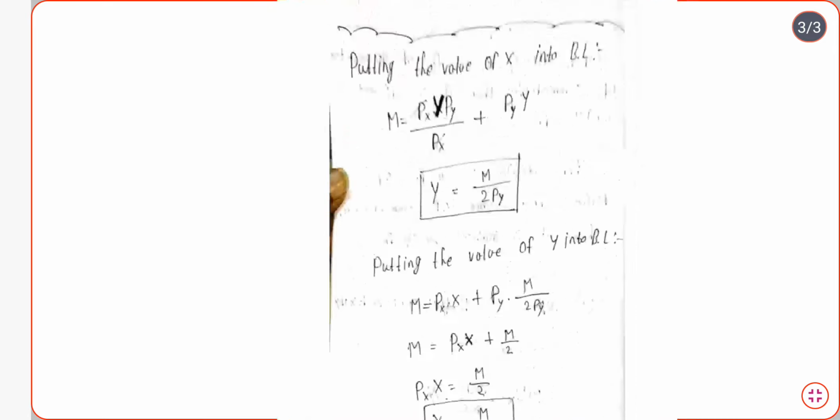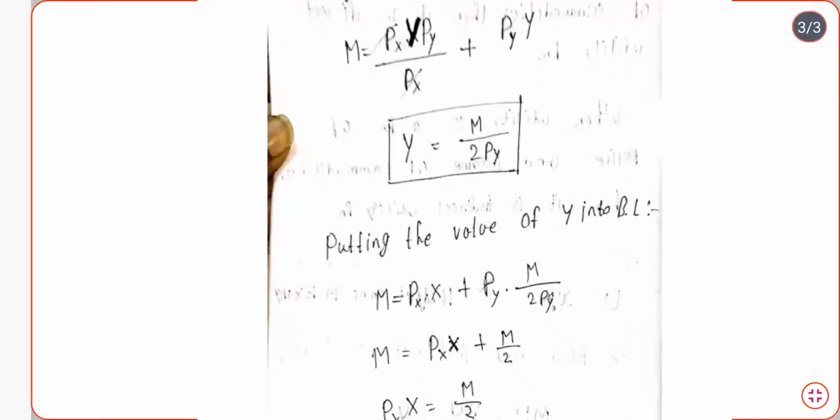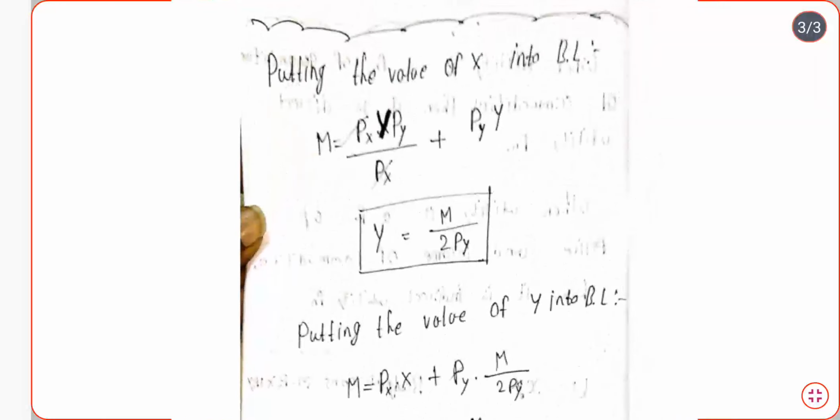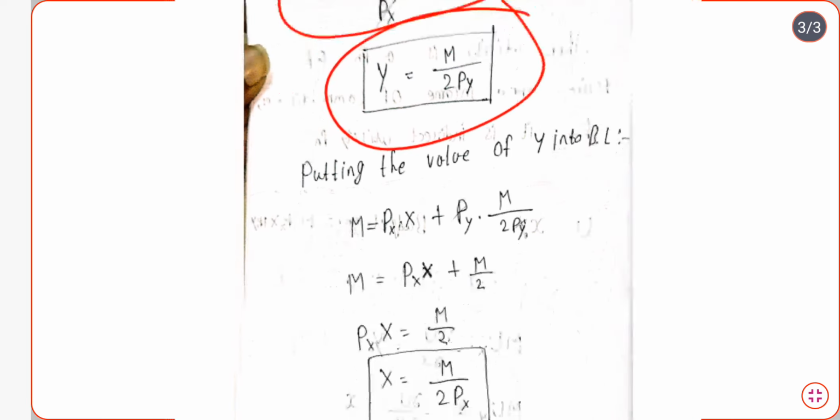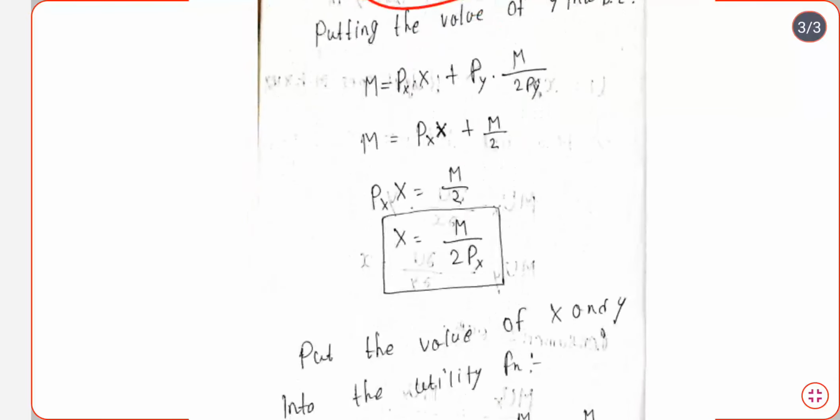Similarly, putting the value of x, that is py into y by px, into the budget line, that was m equals px into x plus py into y, we have obtained the value of y, that is m by 2 py, and again putting the value of y into the budget line, we have obtained the value of x, that is x equals m by 2 px.